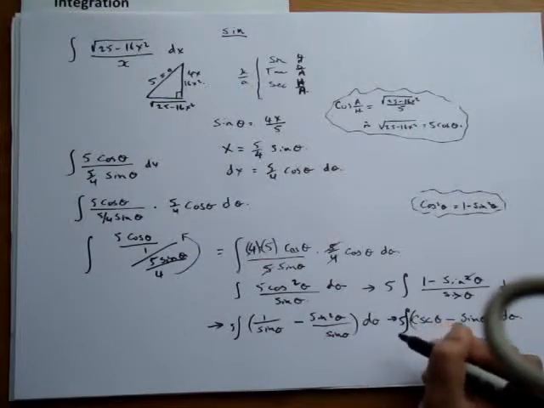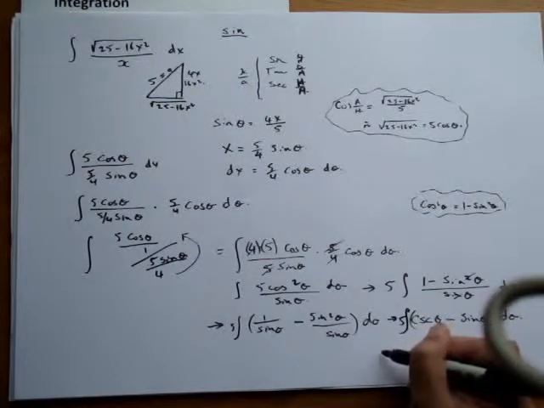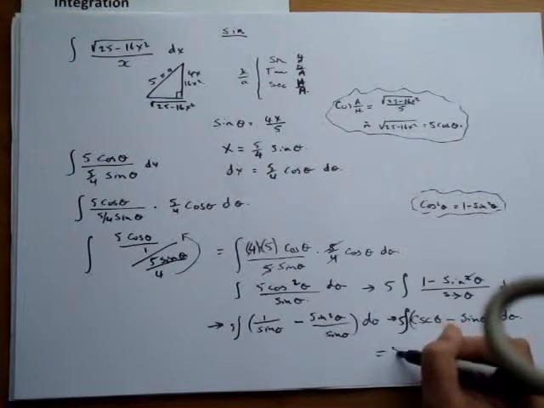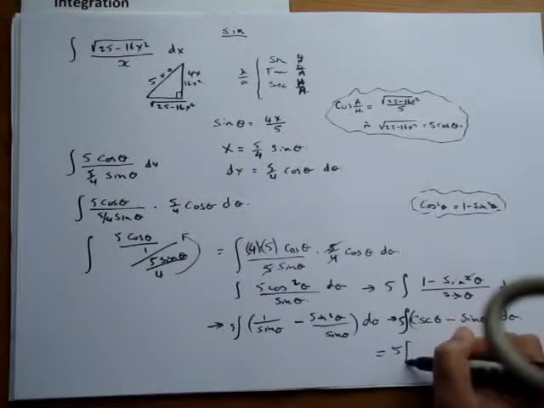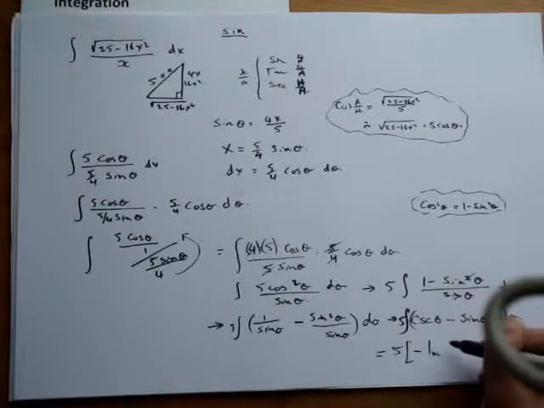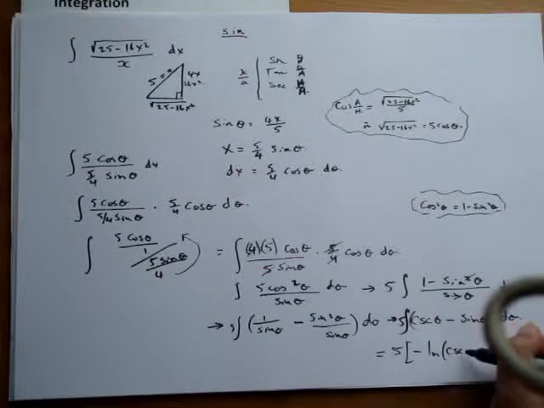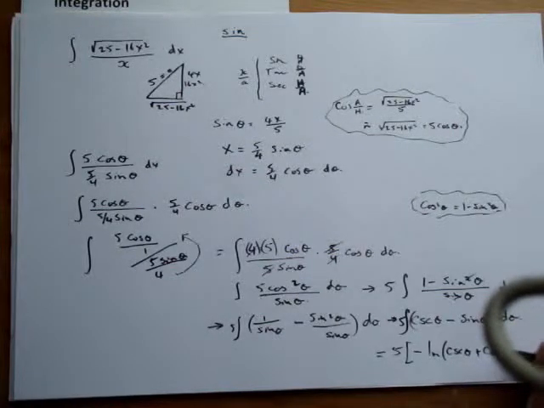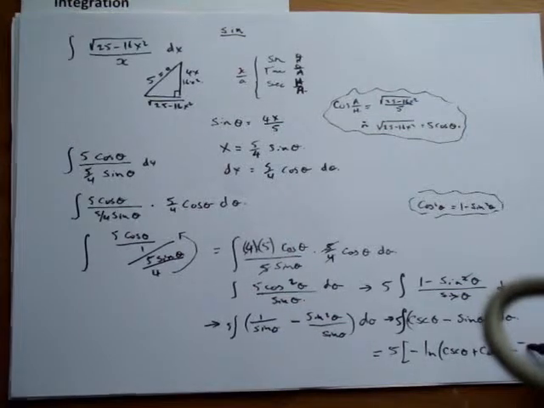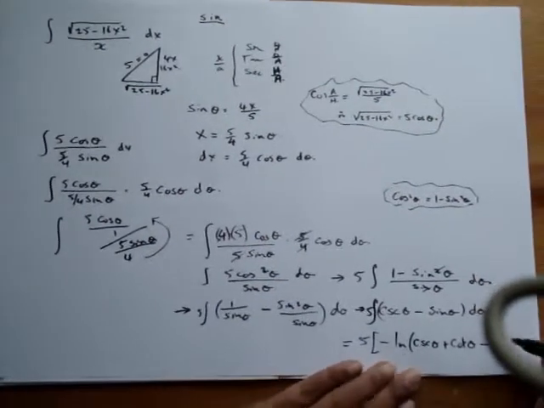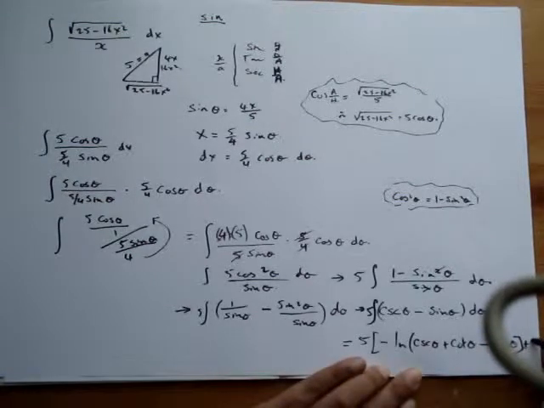And this, now we can integrate, and we get 5 times minus the natural log of cosec theta plus cot theta, minus, and the integral of sine is minus cos theta, plus c.